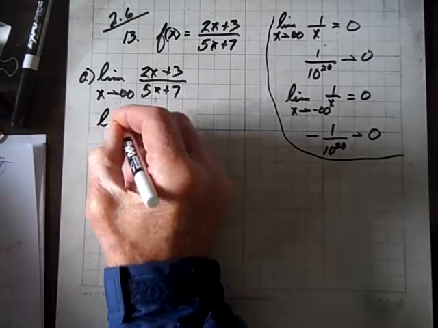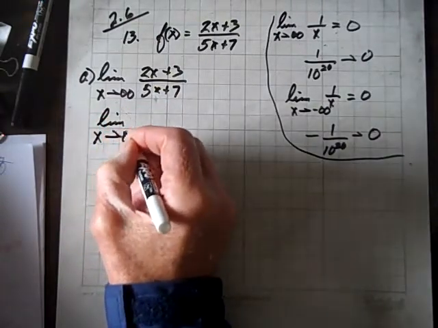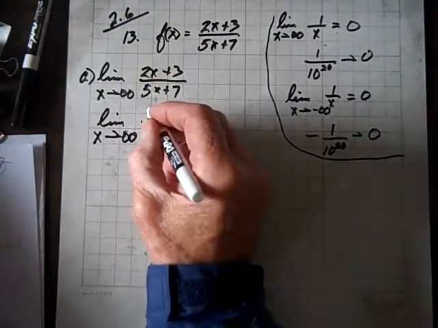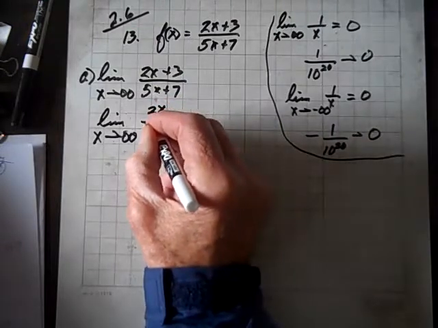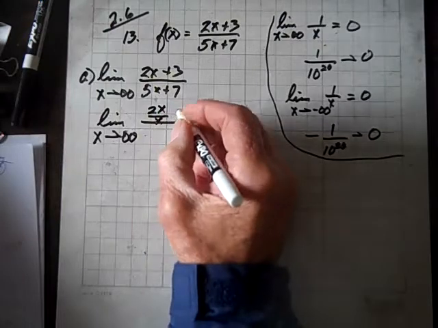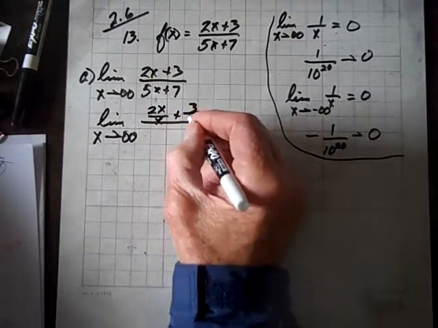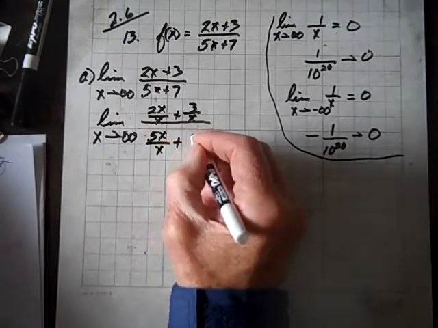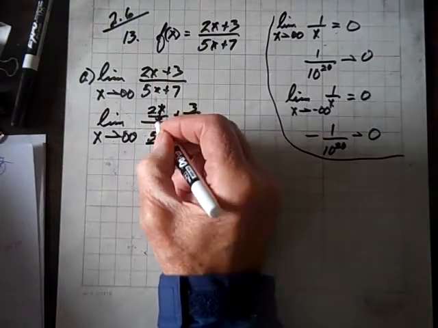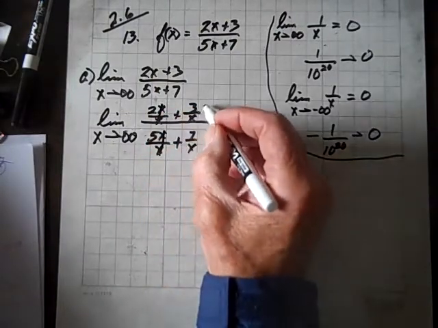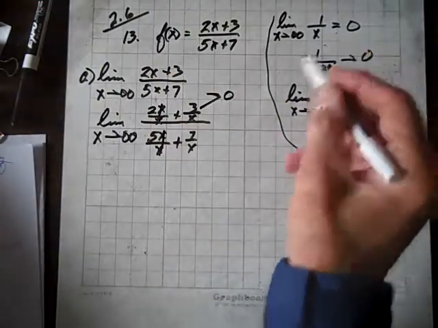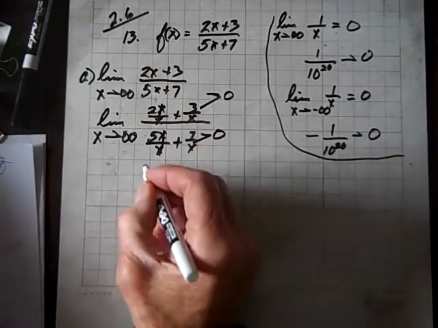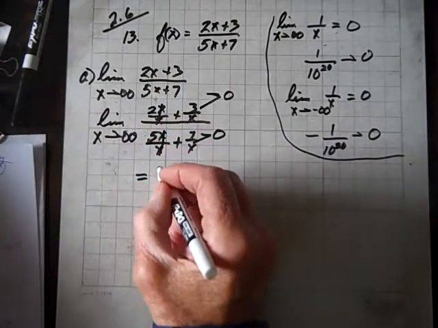So what we're going to do is divide every term by x to the first power: 2x over x plus 3 over x, divided by 5x over x plus 7 over x. Now these divide out, but this is going to go to 0 by what we just did over here. This is also going to go to 0, and so what do we get? Well, we get 2 over 5.